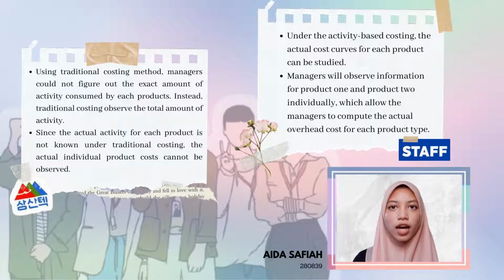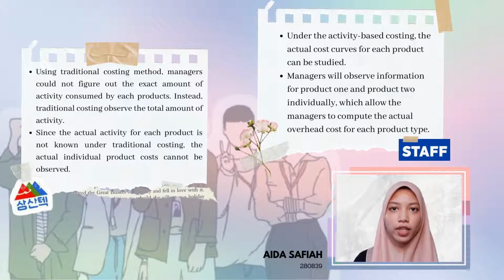This is because, under traditional costing system, managers could not figure out the exact amount of activity consumed by each product. Instead, traditional costing observed the total amount of activity. In the case of producing two products, managers observe information for both product 1 and product 2 as a whole.